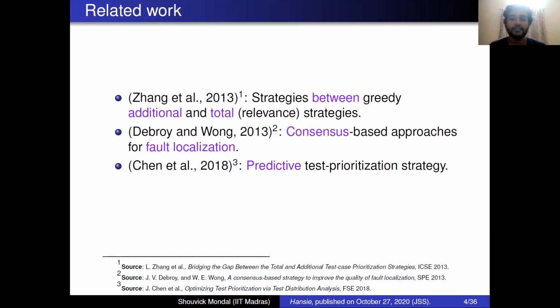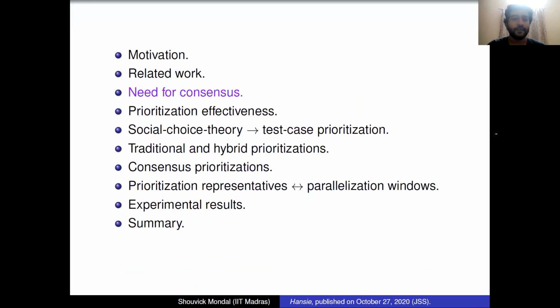They have six prioritizations in their library: greedy additional, greedy total, adaptive random, search based, cost only, and cost cognizant greedy additional. Having this training, they feed in a new GitHub project, and the prediction model will tell which is the best or optimal test case prioritization for this project given the changes.